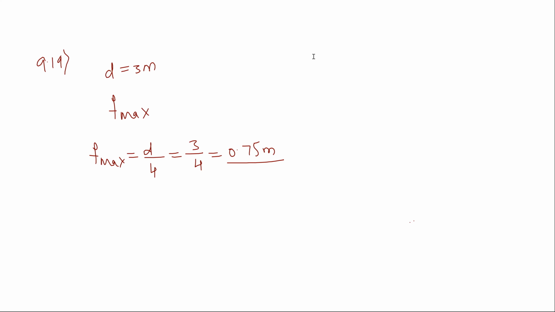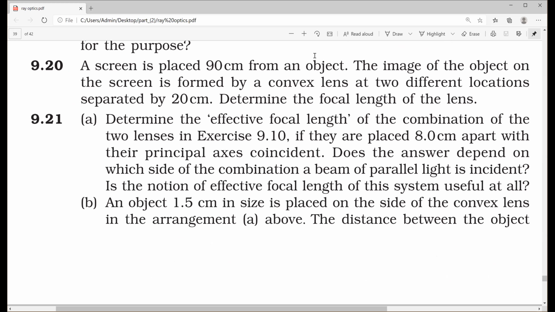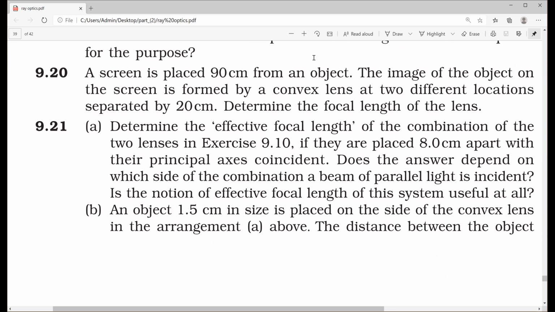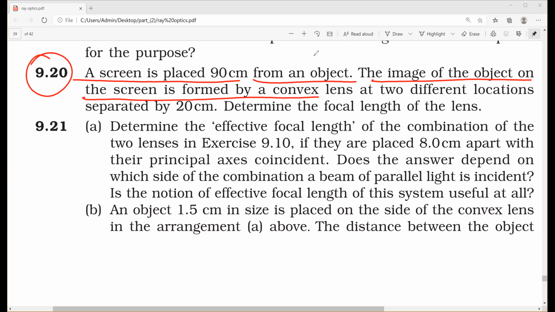So what they asked in the question 9.20: a screen is placed 90 centimeters from the object. Image of the object on the screen is formed by a convex lens at two different locations, separated by 20 centimeters.